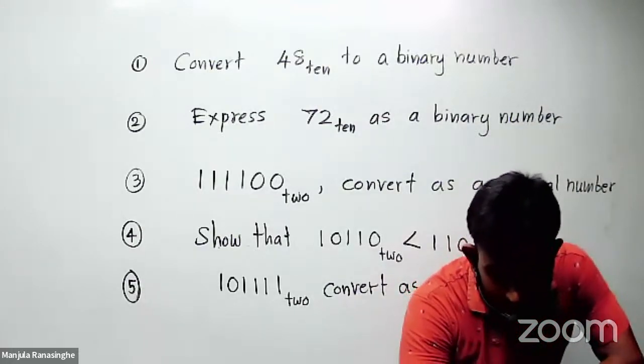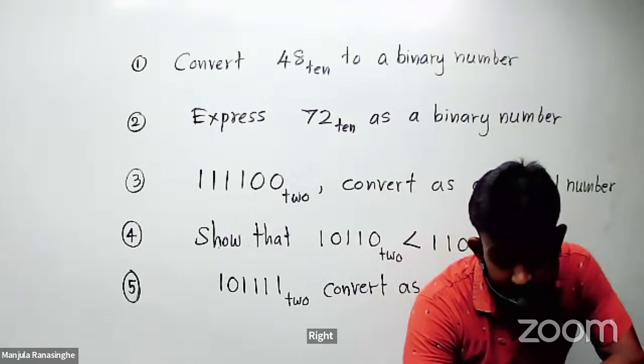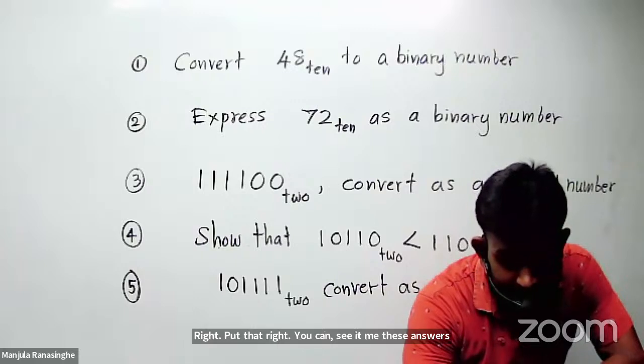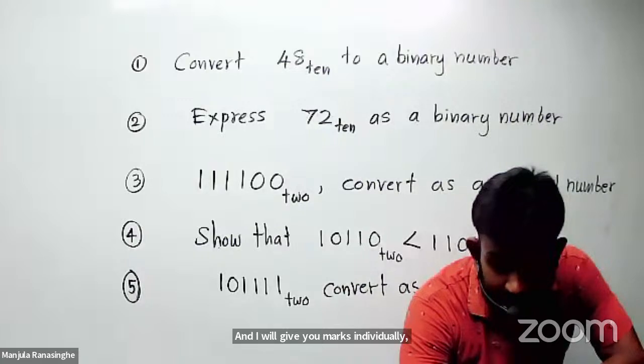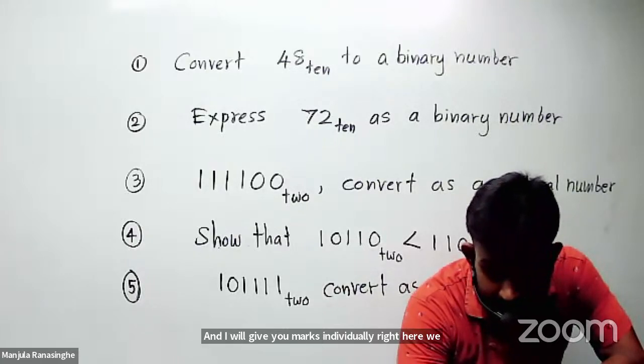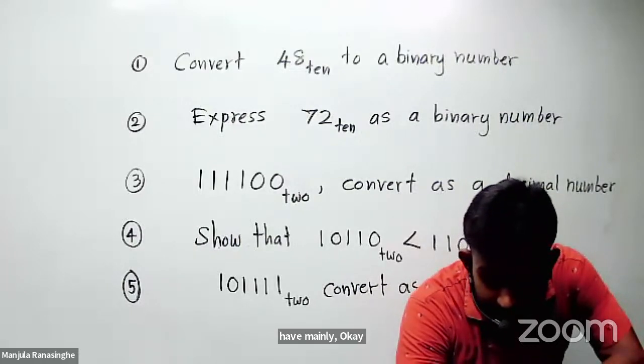Right. You can send me these answers on my WhatsApp. Then I will give you marks individually. Here we have Sanuli, Damsadi, Menuli, Yasara, Ramisha, Dinara, Jeenat, Hasindi, Manuga, and Sandalu.